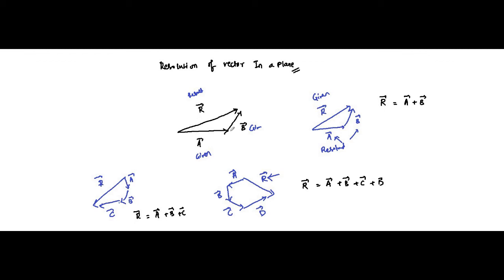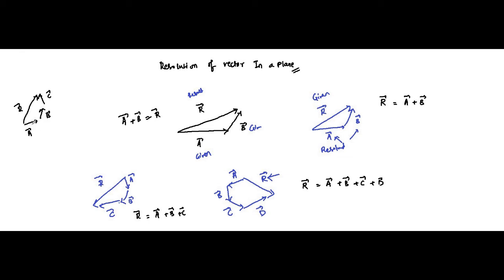We had two vectors, A vector and B vector, and their resultant was R vector. Similarly, we could have done, suppose we have three vectors like this here, A vector, B vector, C vector. This is the result. So here there are two ways in which we can proceed.